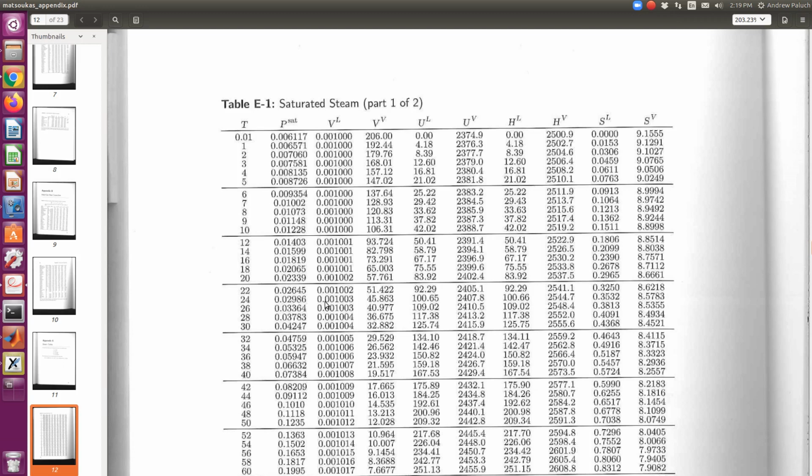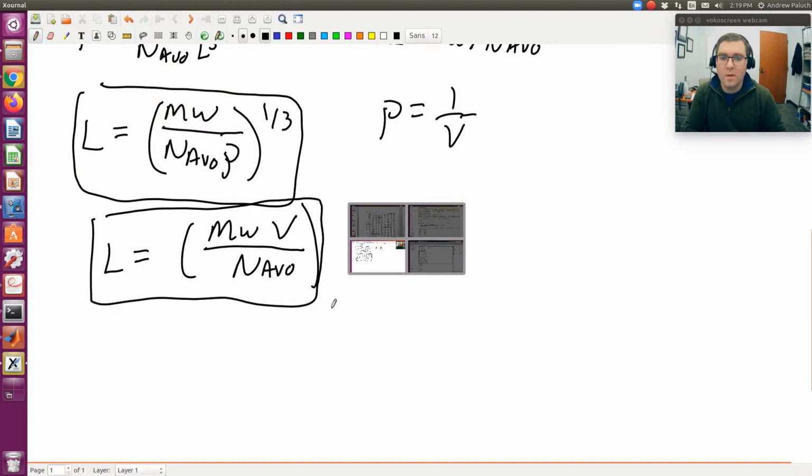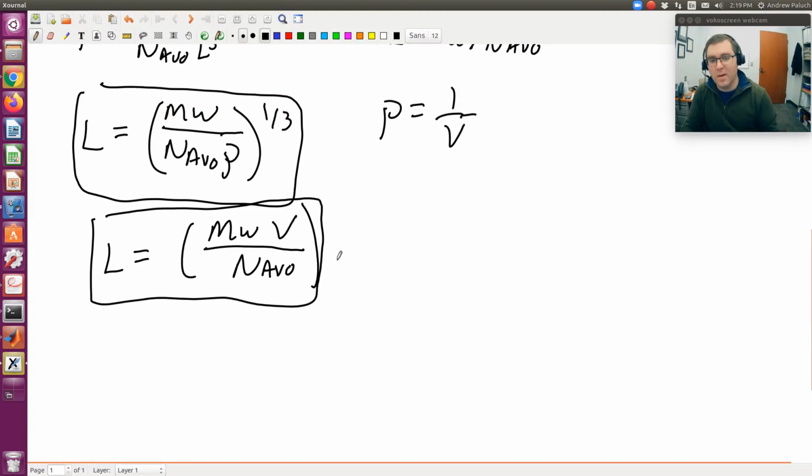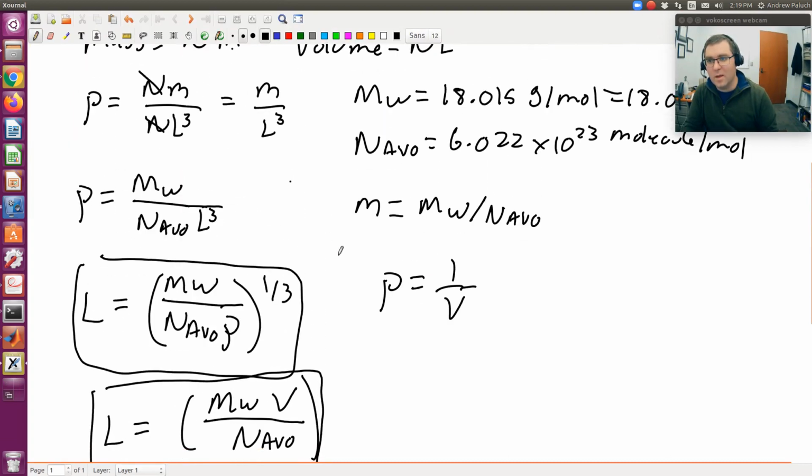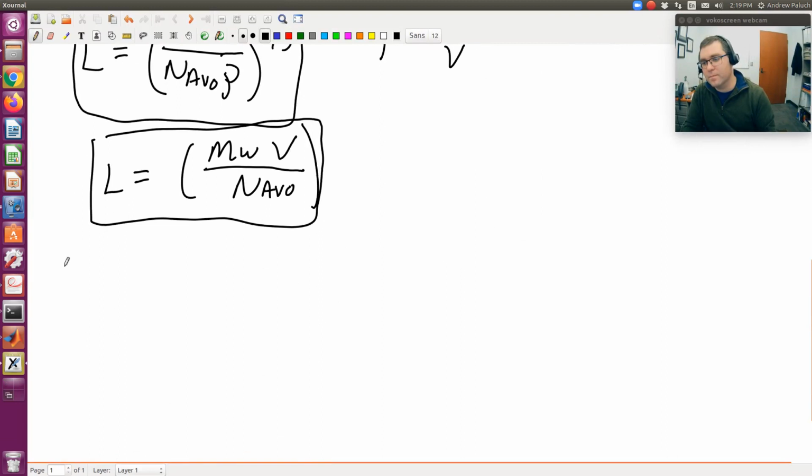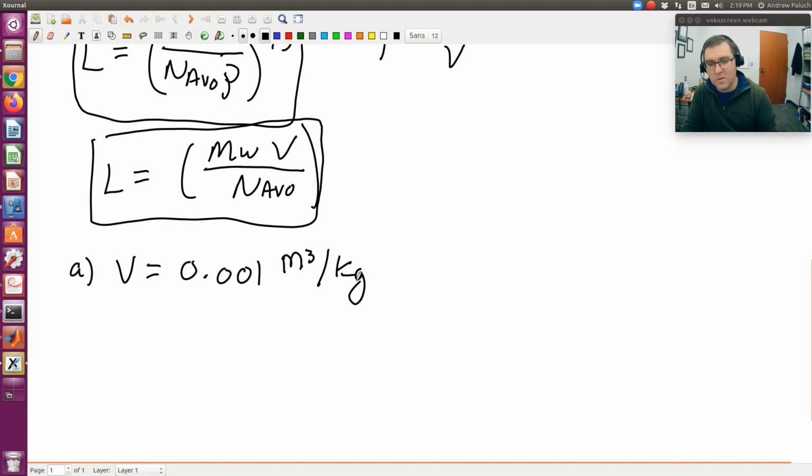I'm just going to take it as 0.001, since it's pretty consistent as a function of temperature. So I'll take the volume of my liquid in A to be 0.001, and the units in that appendix are meters cubed per kilogram, so essentially SI units.